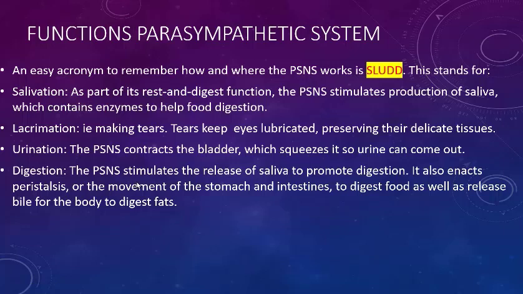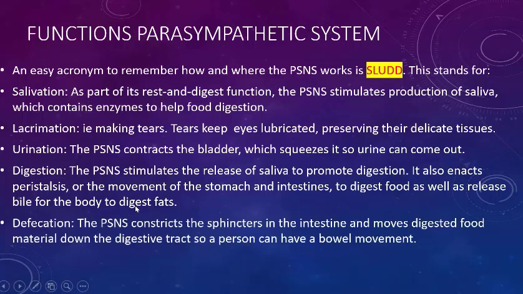It also increases peristalsis, or the movement of the stomach and intestine, to digest food, as well as releasing bile for the body to digest fats. And D is for defecation. The parasympathetic nervous system relaxes the sphincter in the intestine and moves digestive material down the digestive tract so a person can have a bowel movement.